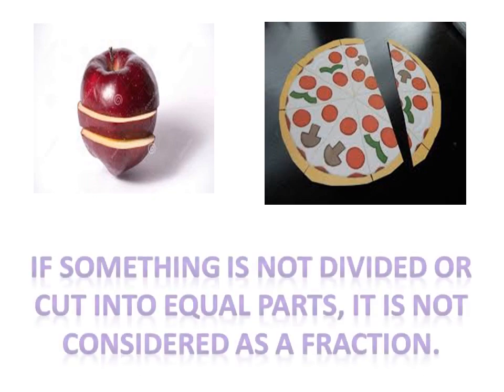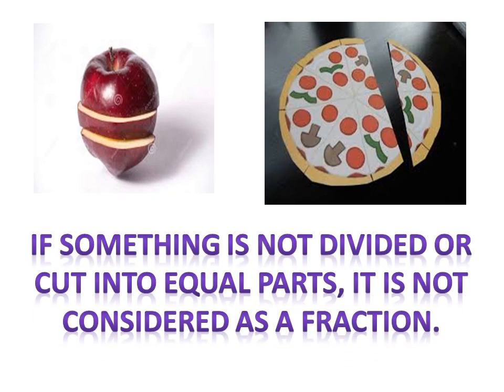Therefore, children, it is very important for us to understand that if something is not divided or cut into equal parts, it is not considered a fraction. So, in the given figure, pieces of apple are not fractions and pieces of pizza are also not fractions.